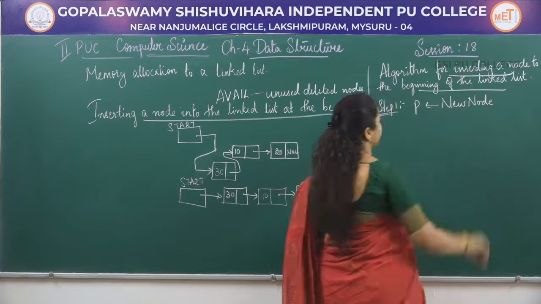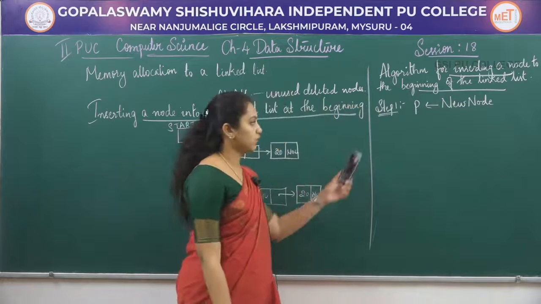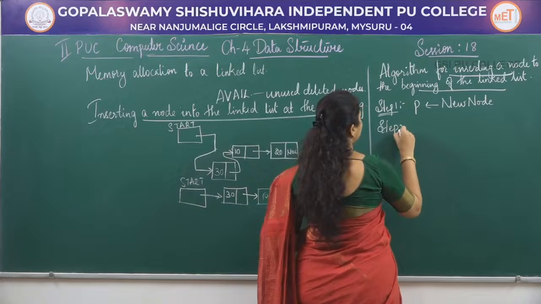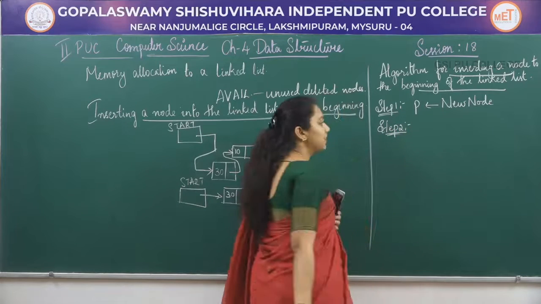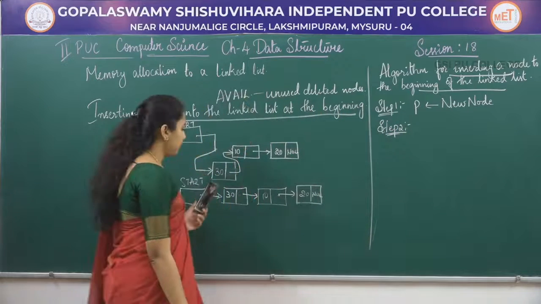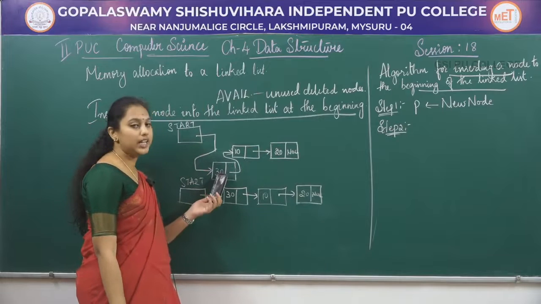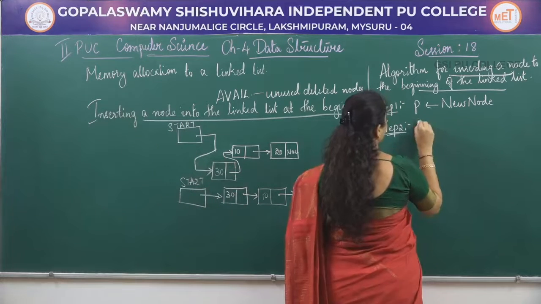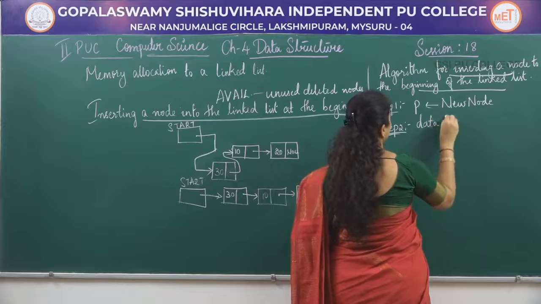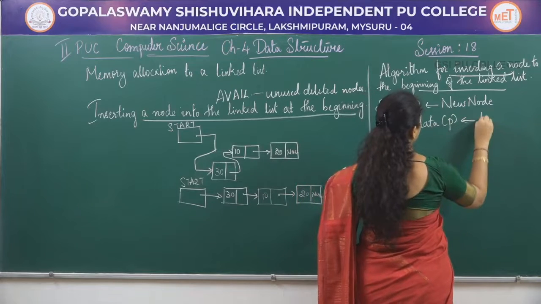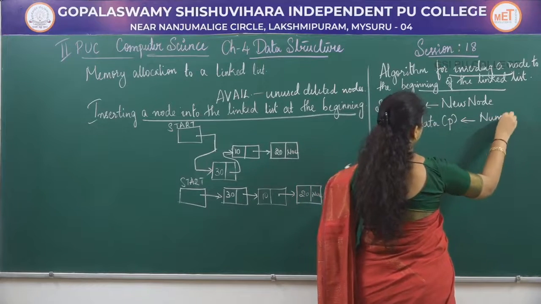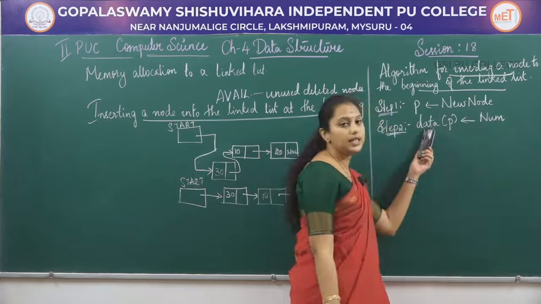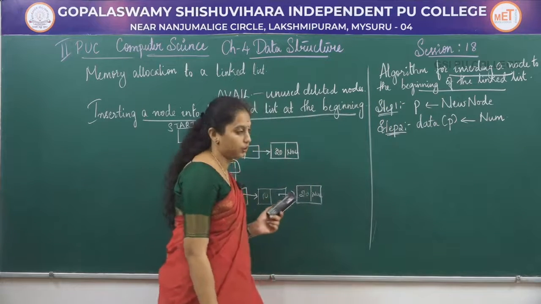Let that new node be P. In step 2, I am going to fill the information in the data part of that node. Data of P gets num. We are inserting a number into the data part of the new node.